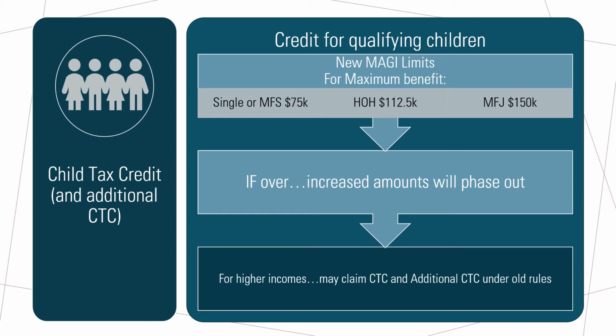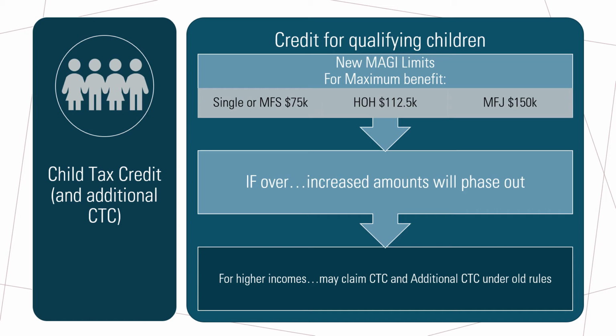So the new limits are a little bit lower than the limits had been in previous years for the child tax credit. So single or married filing separate, if they have a modified adjusted gross income of over $75,000, you're going to see a phase out of the extra amount that was put in place for 2021.